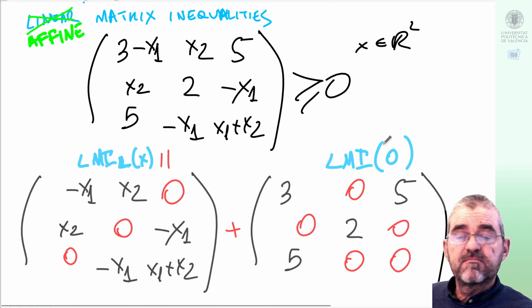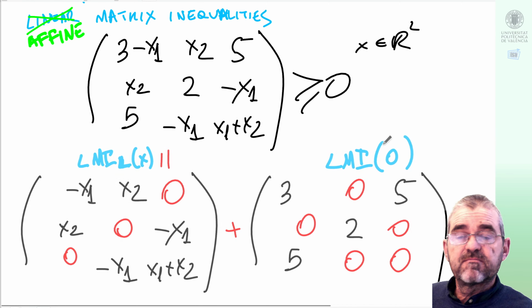If this is LMI of X, this constant matrix having all the terms that do not depend on decision variables is LMI of 0, plus this term with no constant terms, which is the actual linear stuff that if I multiply X times 5, then this matrix multiplies by 5.